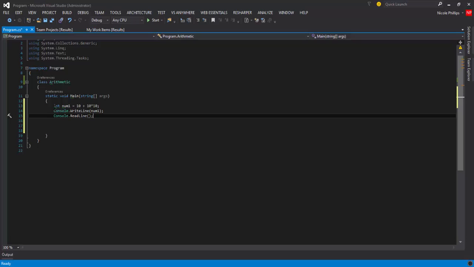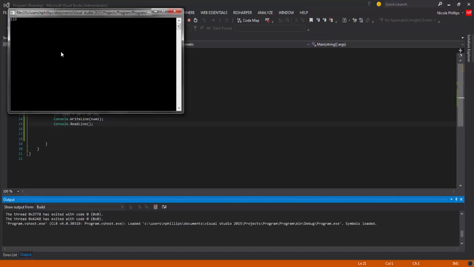Operator precedence, even though you have 10 plus 10, technically first from left to right, we always do multiplication first. So this 10 times 10 is going to occur before the 10 plus 10, and then it'll go back aside and add the 10 in. If we click play, we get the answer 110.